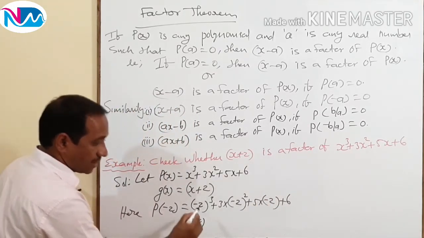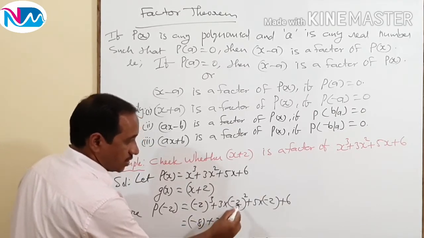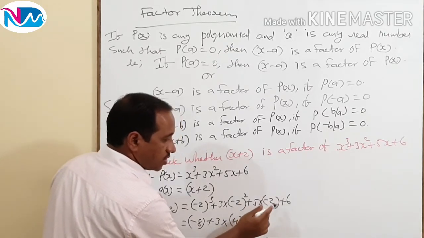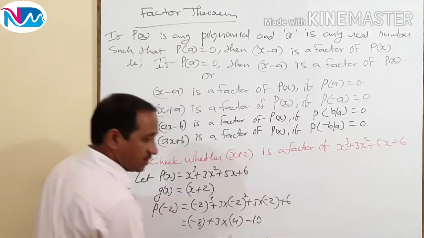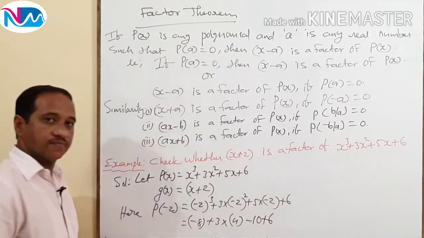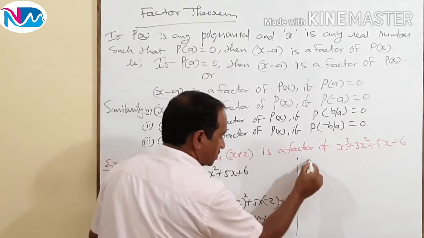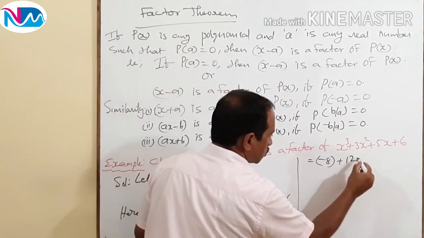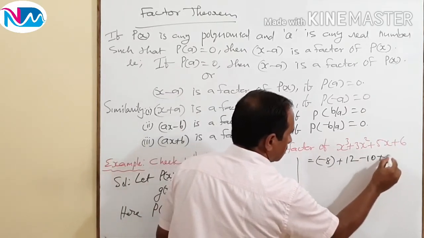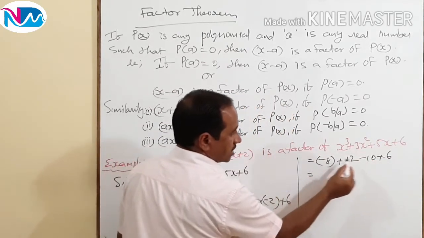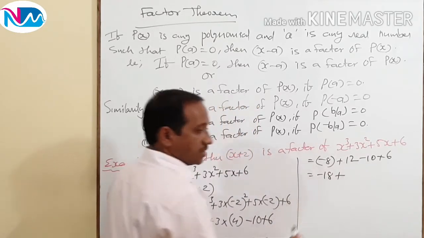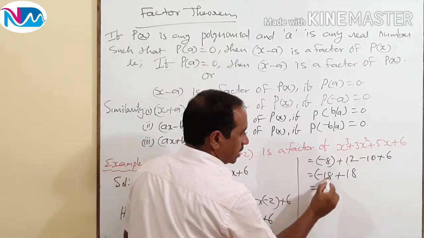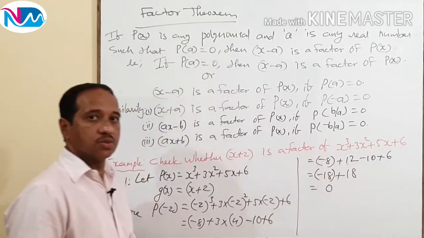Minus 2 cube is minus 8 plus 3 into minus 2 square is plus 4 plus 5 into minus 2 is minus 10 plus 6, and it is equal to minus 8 plus 3 into 4 12 minus 10 plus 6. Minus 8 minus 10 is minus 18 plus 12 plus 6 is 18. Minus 18 plus 18 is equal to 0.